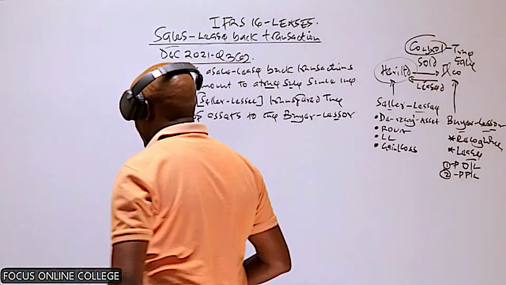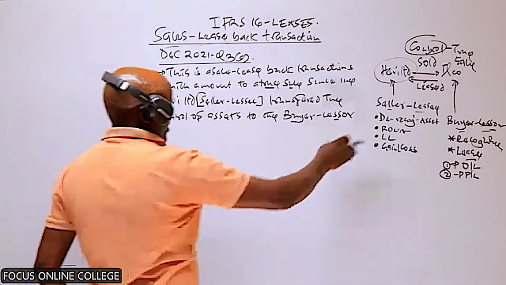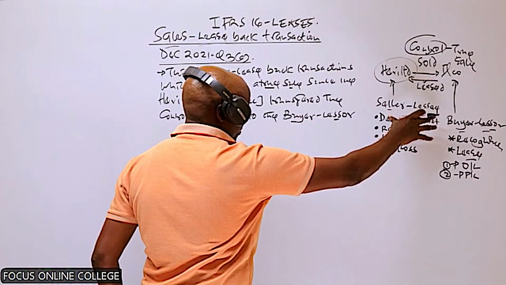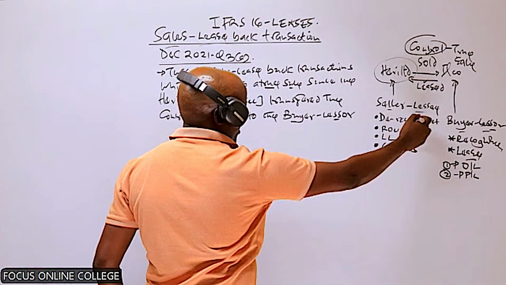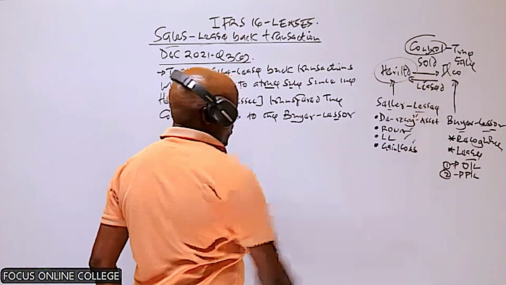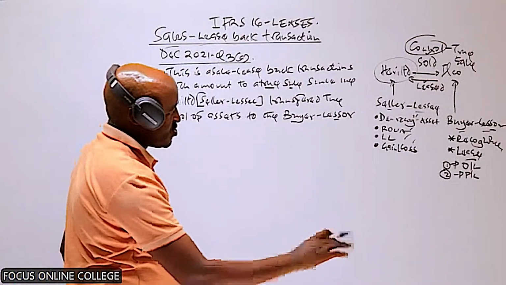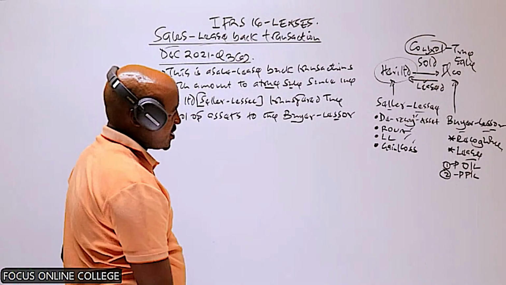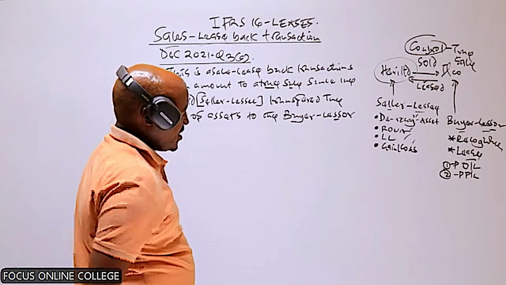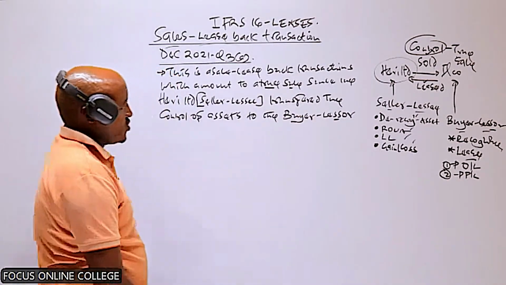So if that is the case, this company will account for four items. They derecognize the asset, recognize the right-of-use asset, recognize the lease liability, and recognize the gain or loss on disposal.